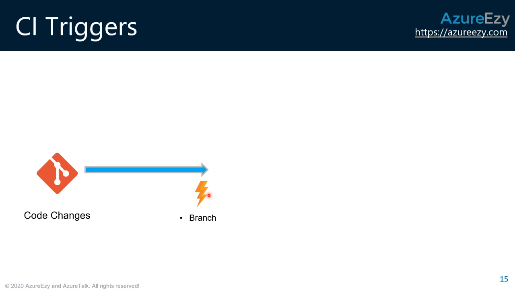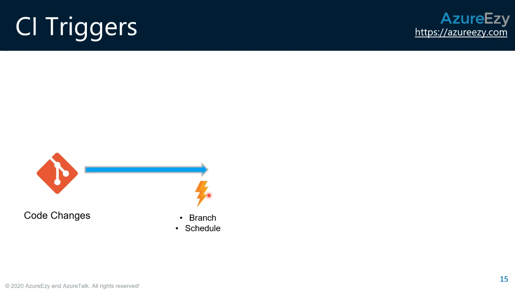If you think that you only want to start the build when there is a change in the master branch, and not for develop or any other branch, you can define that. That is just a hypothetical example. In a real scenario, you might want to run the build for each main branch, develop, release, or master. You might not want to run a build on a feature branch, but you might want to run a build on every main branch. So you can define that, or you can define a schedule.